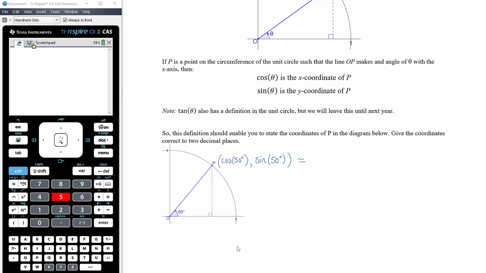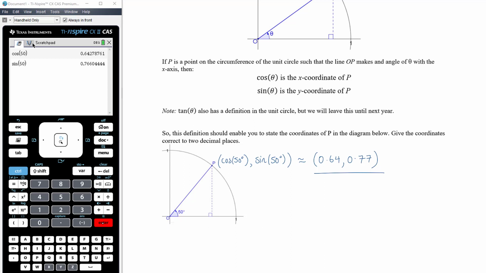And so I can get my coordinates to two decimal places, because I can work out that cos of 50 is 0.64, and that sine of 50 is 0.77. So the coordinates of this point are 0.64 and 0.77.